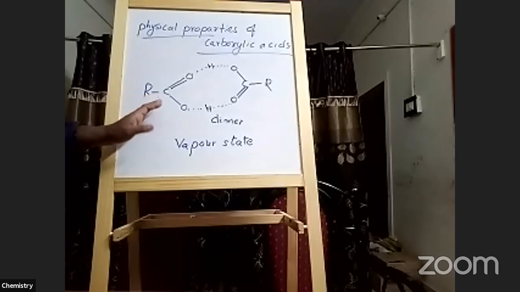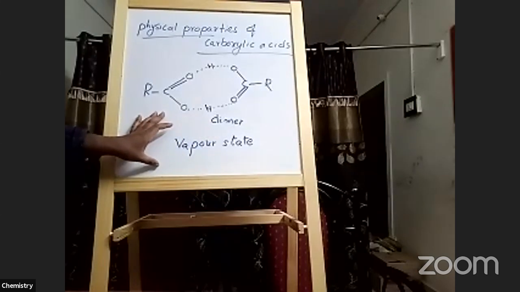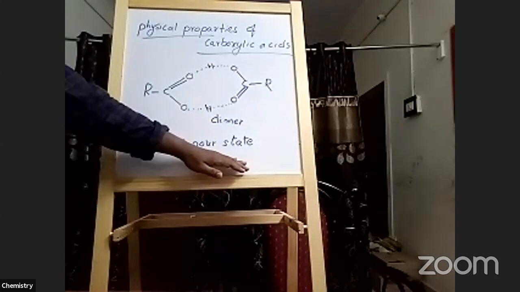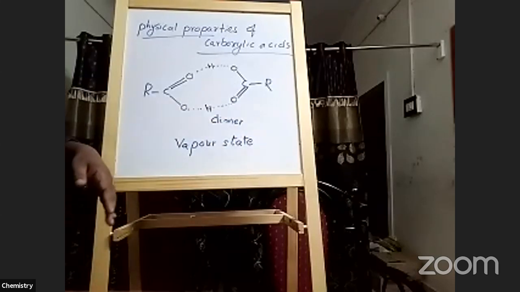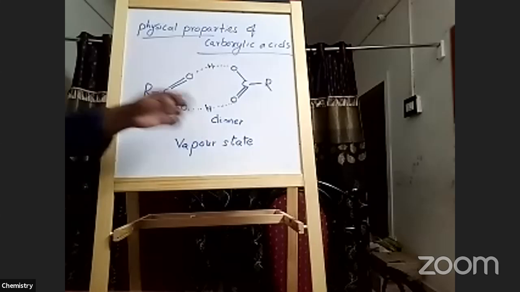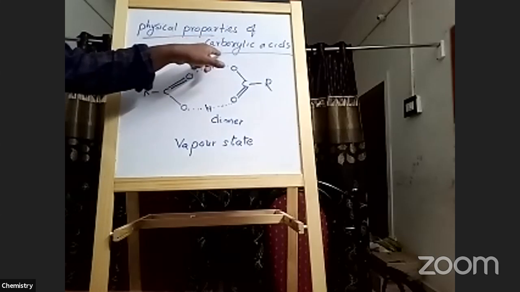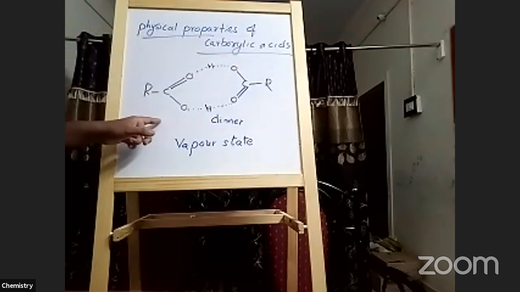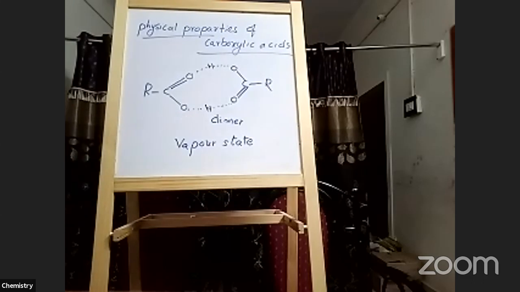Where do we observe dimer molecules of carboxylic acids? In the vapor state. So write this structure, then write the physical properties. Three to four points will come that we need to write. First write this structure, all of you, under physical properties of carboxylic acids, and next I will tell you the points. Okay?